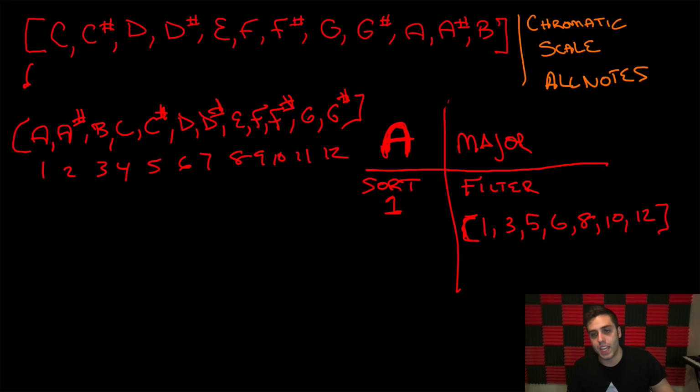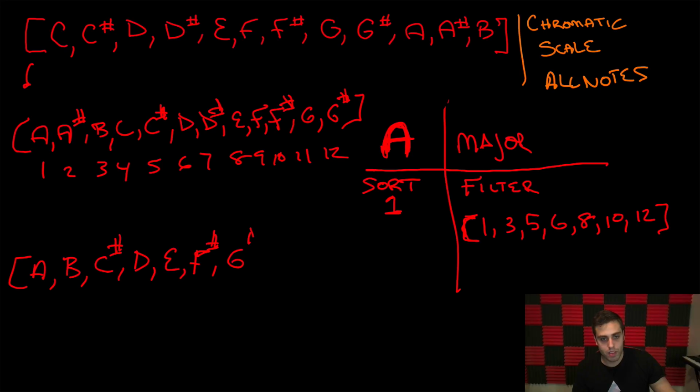We're making A major because major just means the filter on the sorted array. We're going to keep that same filter, and take elements 1, which is A, then 3, which is B, then C sharp, D, E, F sharp, and G sharp. And this new array is the A major scale. So major is just referring to a filter, and A is just referring to the thing that's at the first index of the array.